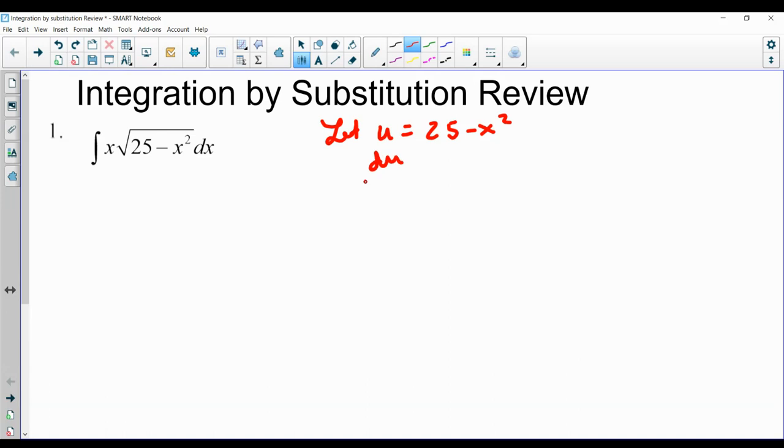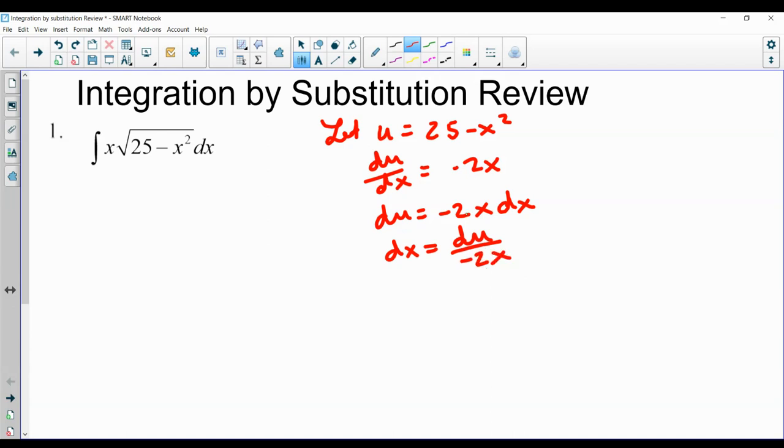So du dx is negative 2x. Okay. Careful over here, rearranging these terms out. I'll do it really slowly. So I bring over the dx, and then I think I ultimately need to solve for dx. So dx is equal to du divided by negative 2x.